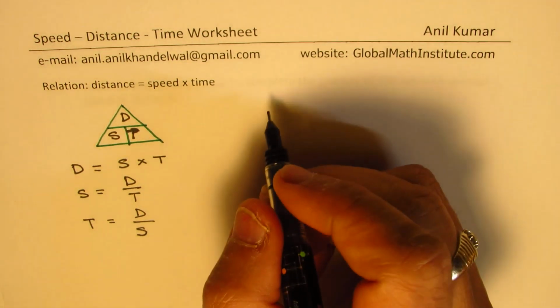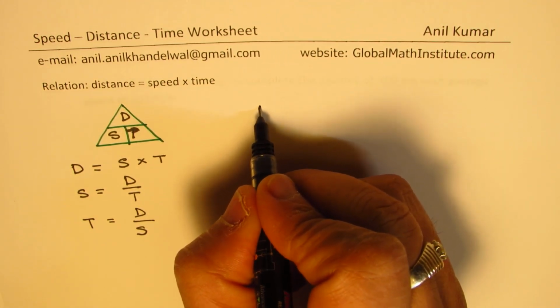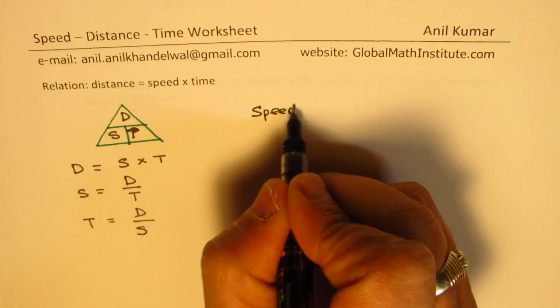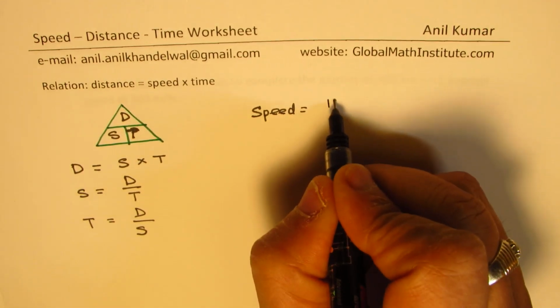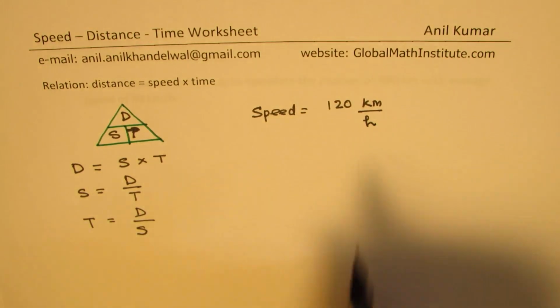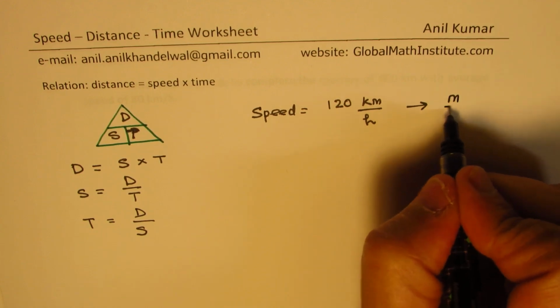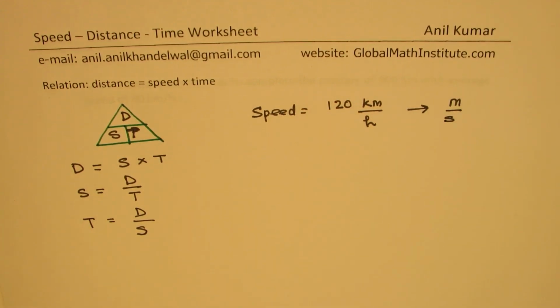Now, conversion of units. If I say that the speed is equal to, let us say, 120 kilometers per hour, and we want to convert this to meters per second, then how are we going to do it?